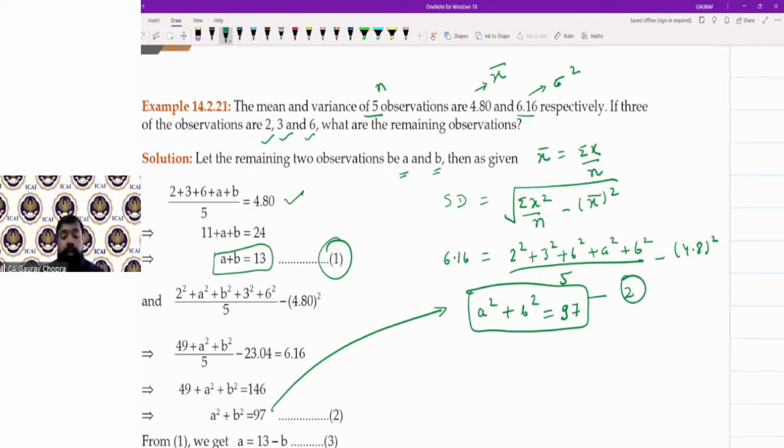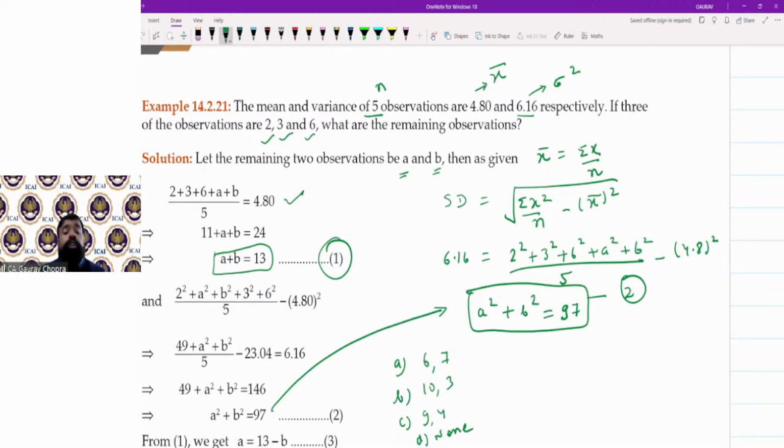But in the exam, you don't have to solve them further. Simply use the options and find the answer. So let's say you have the options as 6 and 7, then 10 and 3, 9 and 4, and then option D is none of these.